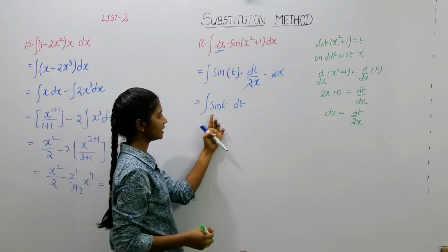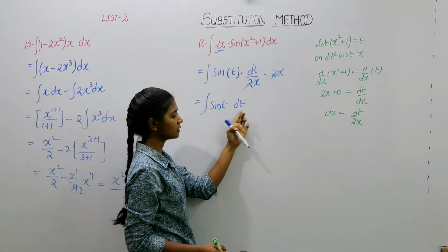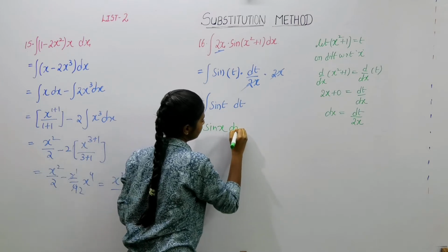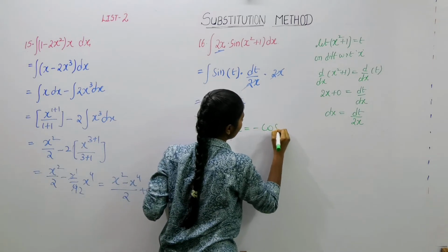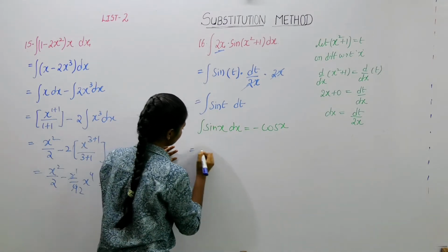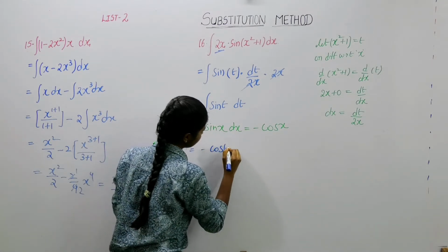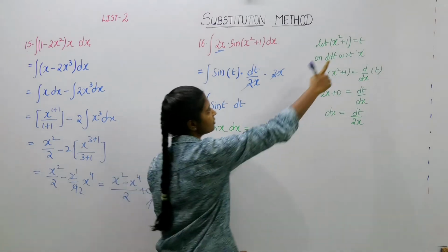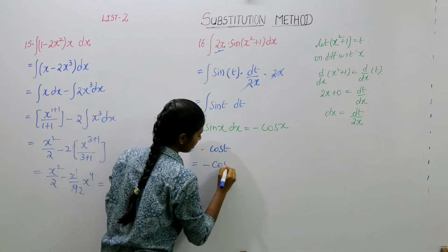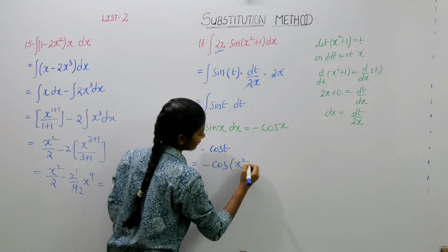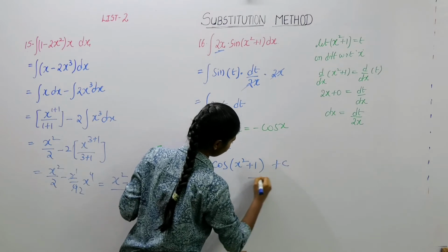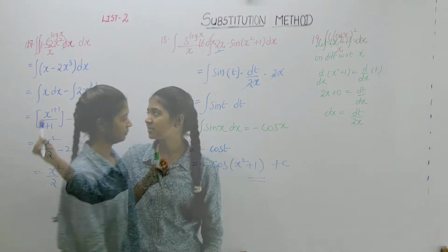Now we are integrating the sine function with respect to t. We know the formula for integral sine x dx is equal to minus cos x. When we substitute it here, we get minus cos t. But the value of t is x square plus 1. When we substitute it, we get minus cos of x square plus 1 plus c. This is the final answer. Next, 17th one.